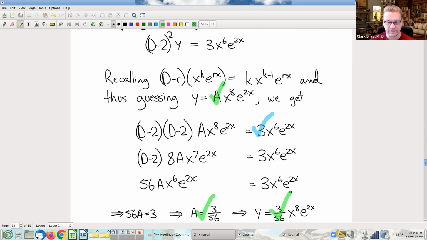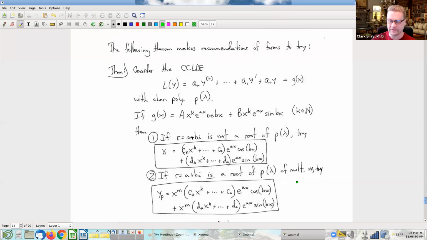Okay. All right. So the punchline to all of this is really just a way to help us motivate this original theorem. What's the deal with the x to the m? Why x to the m?